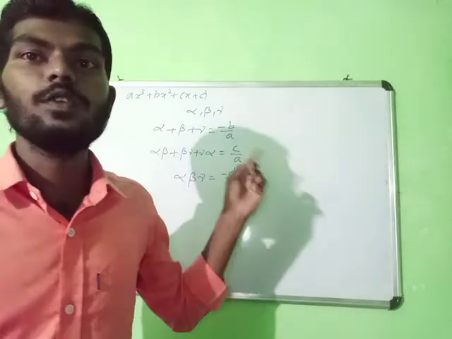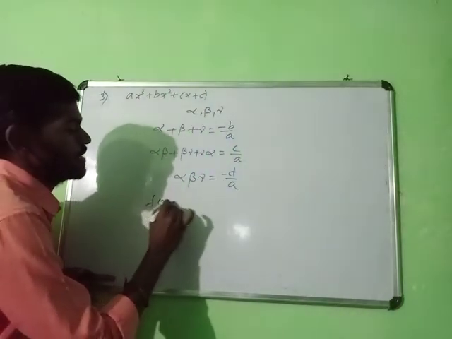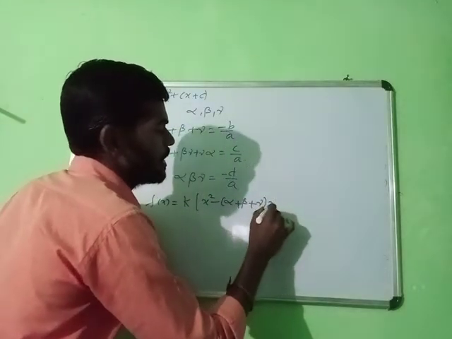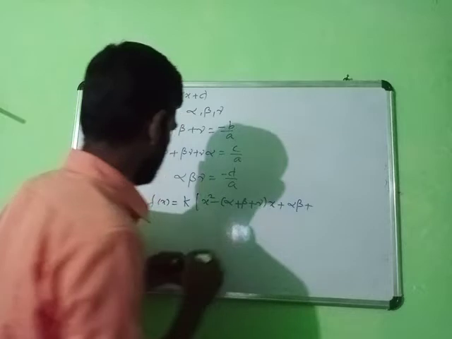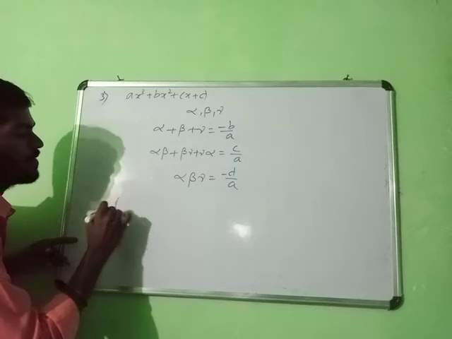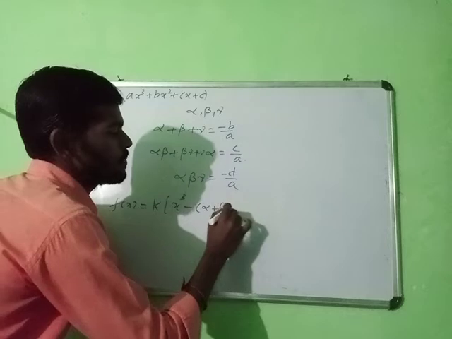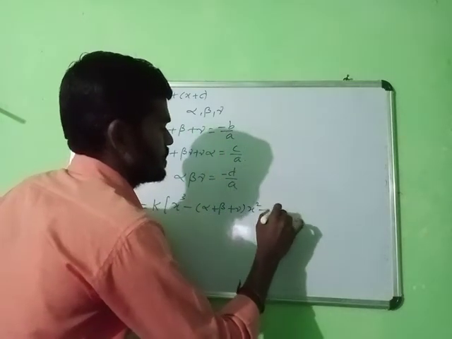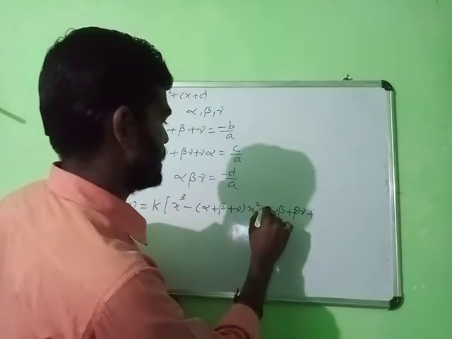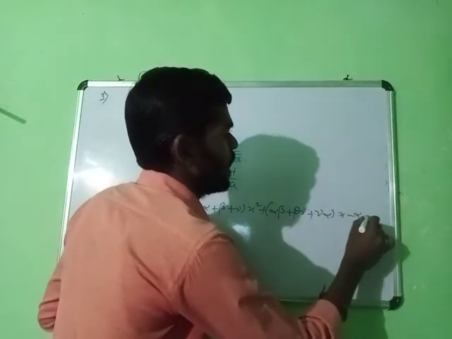Okay, if only the zeros are given, then how do we find the polynomial? The formula: f of x equals k into x cube minus (alpha plus beta plus gamma) into x square plus (alpha beta plus beta gamma plus gamma alpha) into x minus alpha beta gamma.